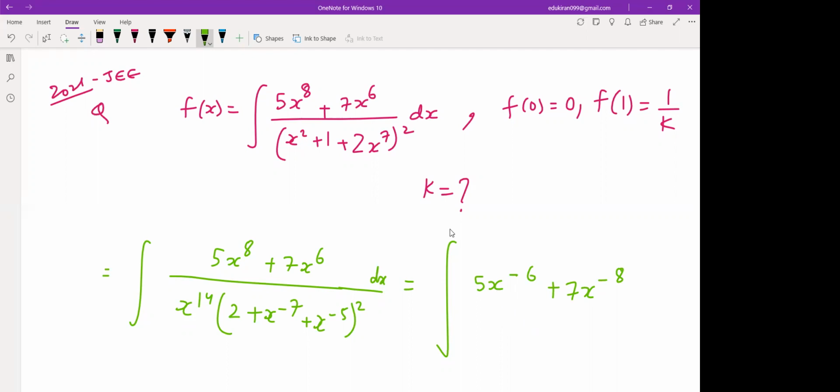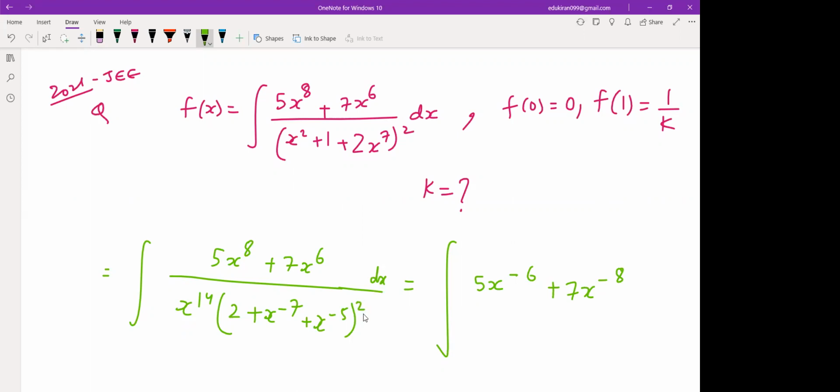x to the power 7 we took common from here. So it became 2 or... this adjustment is not working. Let us do another adjustment. So another adjustment could be, if we differentiate it, what will we get?